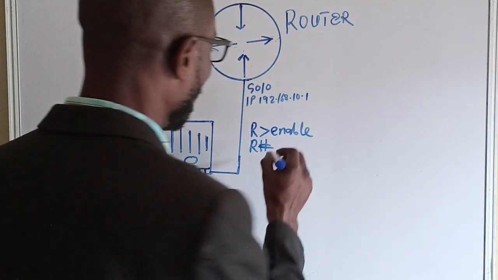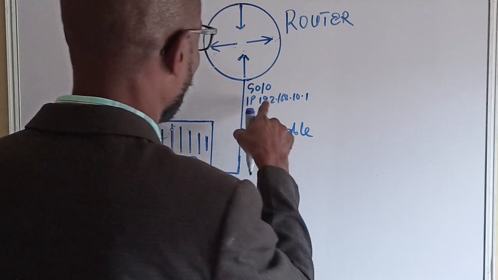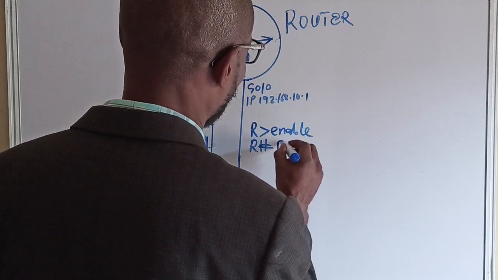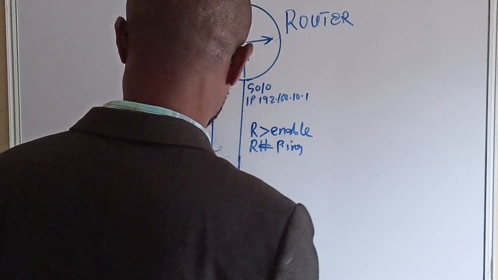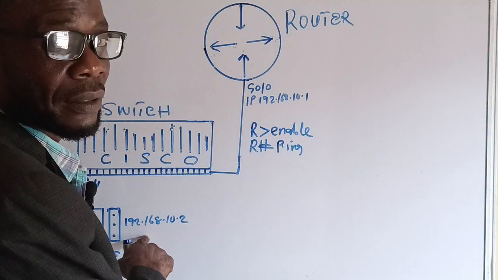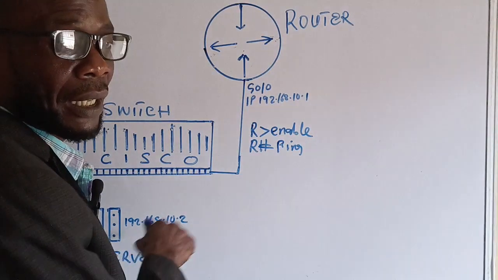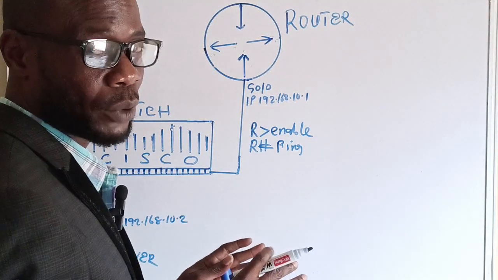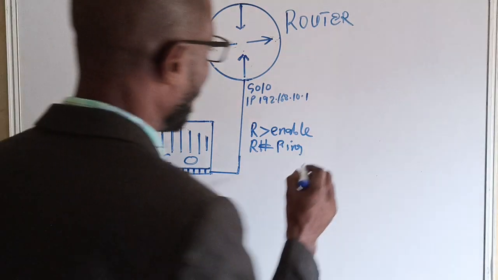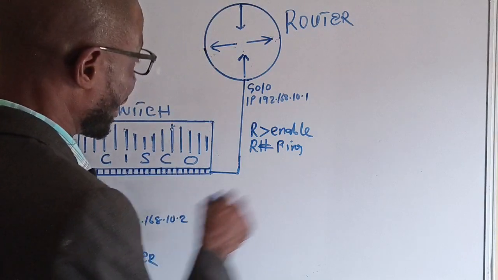You ping the TFTP server from this router. Remember, ping is to check if the router can communicate with the TFTP server. If both the router and the TFTP server can communicate, this backup will be successful. This is the TFTP server's IP address.